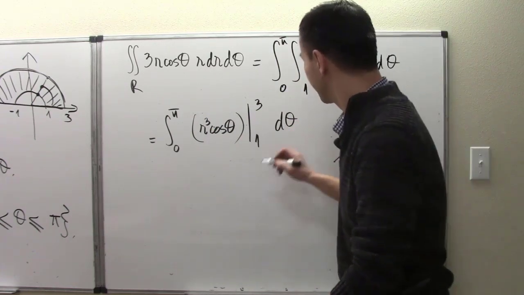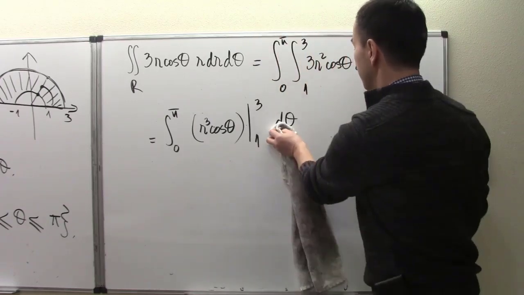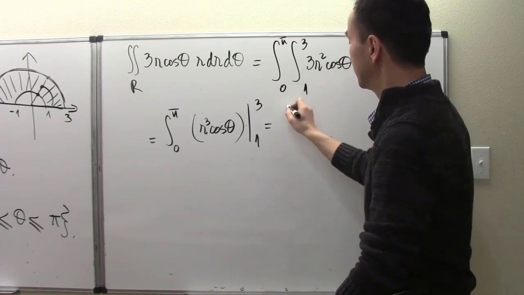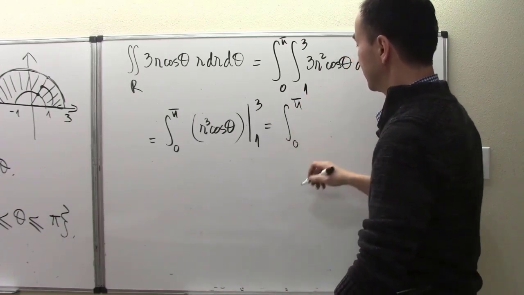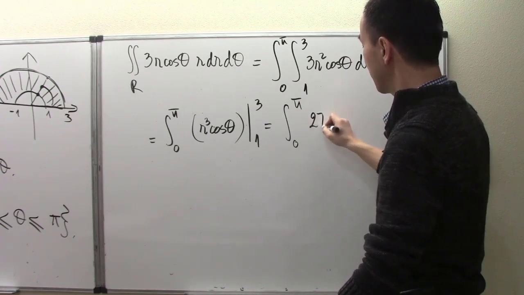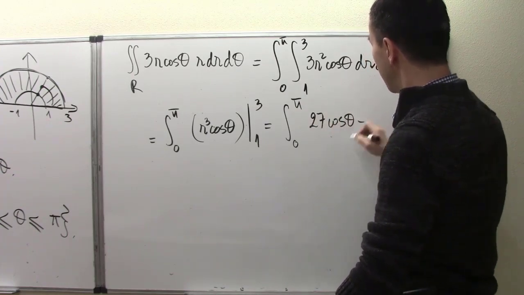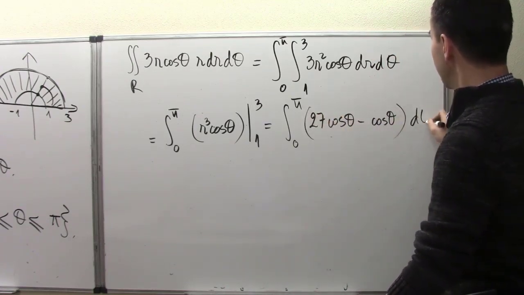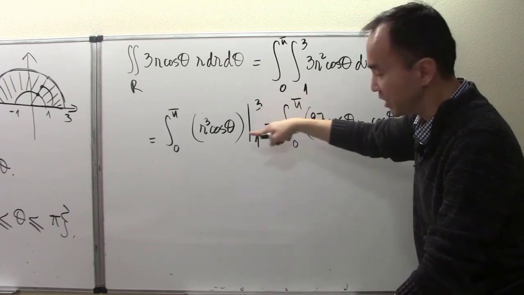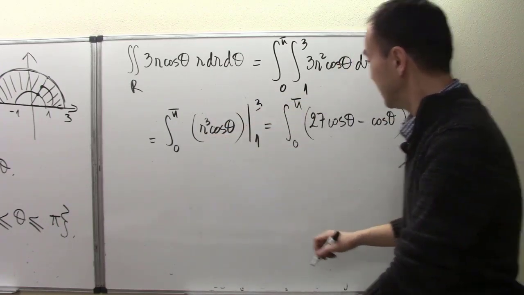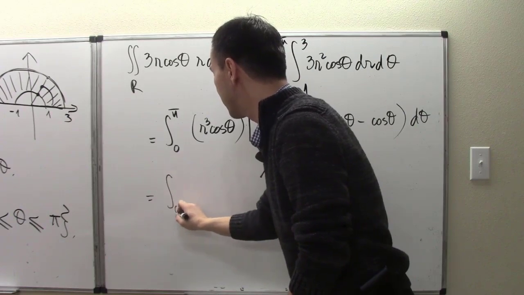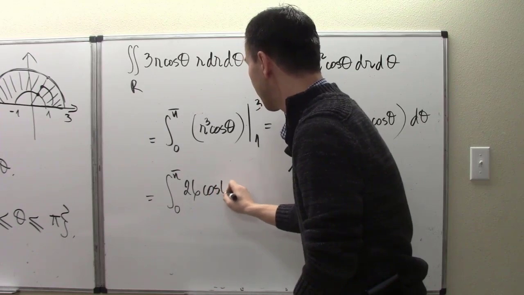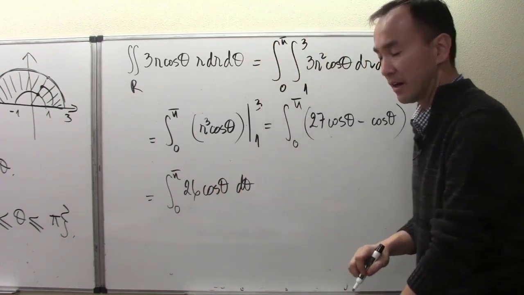And so in the next step here, I'm looking at from 0 to pi, and that's making it 27 cosine theta minus cosine theta d theta after I substitute the 1 and the 3 into our current expression right here. And that makes it the integral from 0 to pi of 26 cosine theta d theta. And now the integral is completely ready.